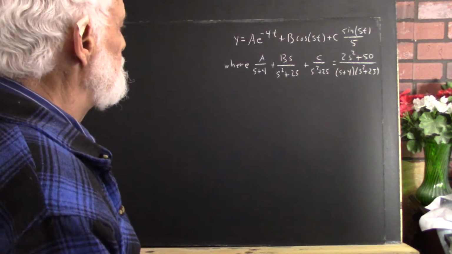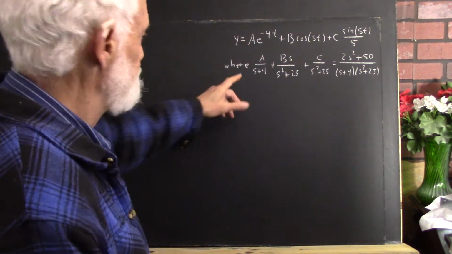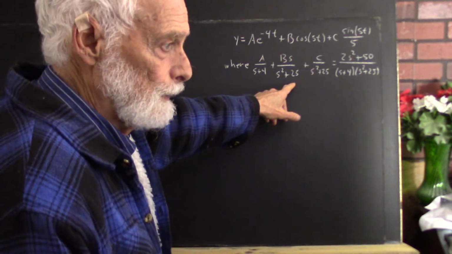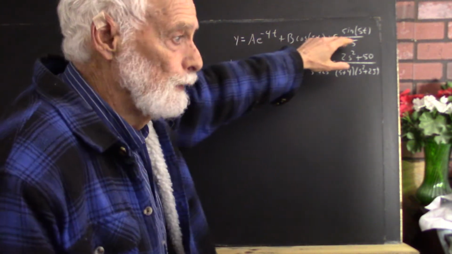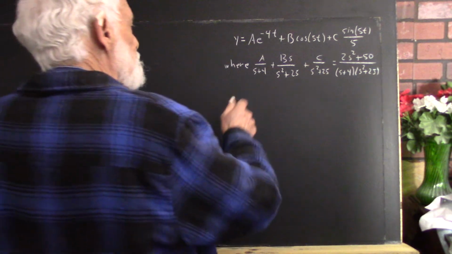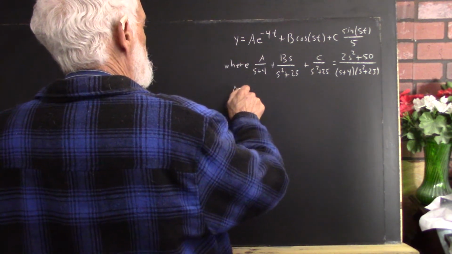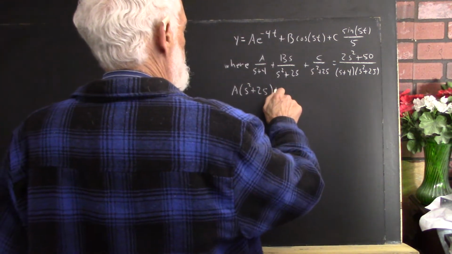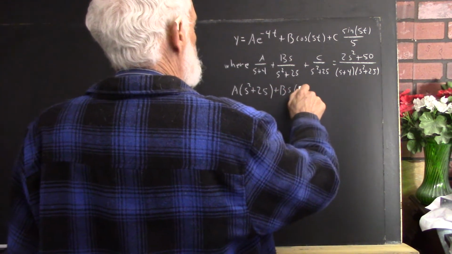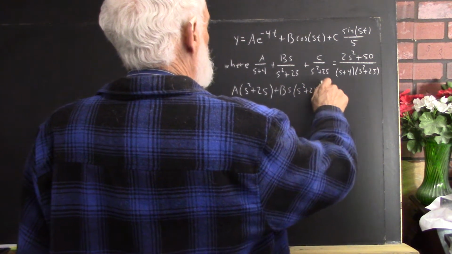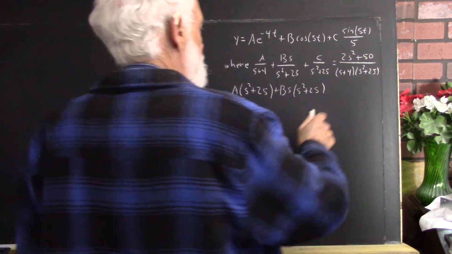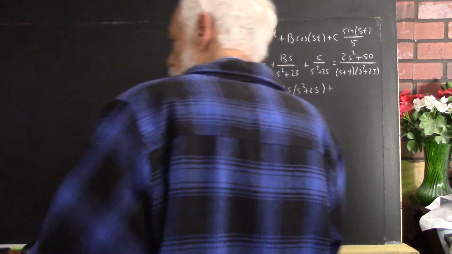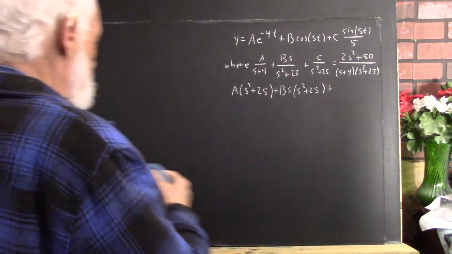So we put this over a common denominator, which is s plus 4 times s squared plus 25, and then we compare numerators. We're going to get a times s squared plus 25 plus bs times s squared plus 25, and it's not s squared plus 25, it's s plus 4.